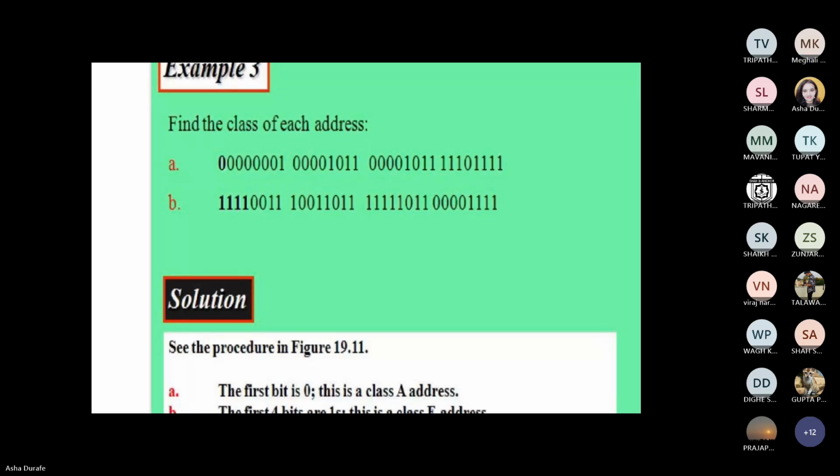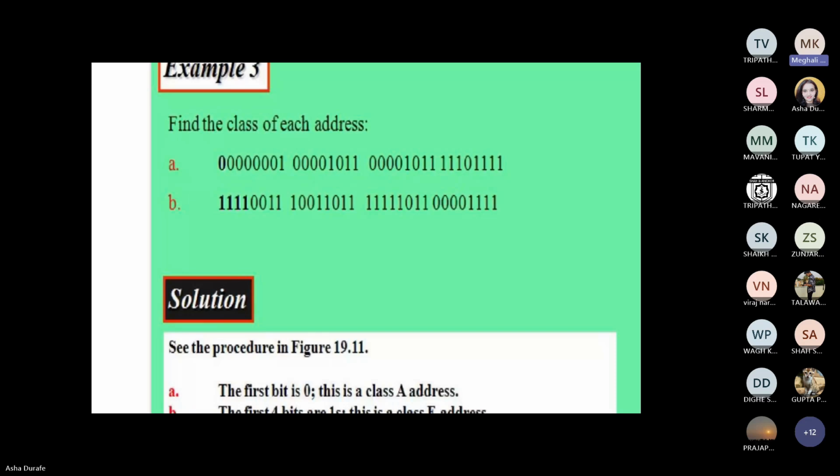So if the first bit is 0, it is a class A address. You don't have to calculate the range, whether it is in the 0 to 127 range. Don't calculate that. Just look at the first byte and what the bit indication is. So if the first bit is 0, it is class A.